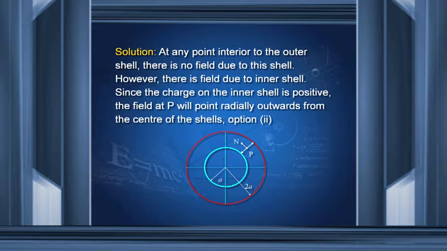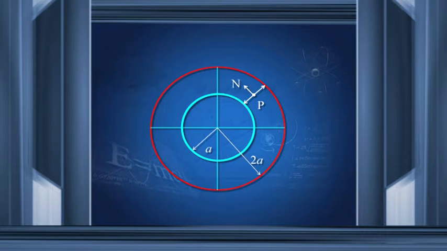So, the field is only due to the charge on the inner shell, and that field is radial, as we found in the last lecture. So, at the point P the field is radial from the center of the 2 shells, in this direction, not in this direction. The charge is positive, therefore, the field points radially outwards.